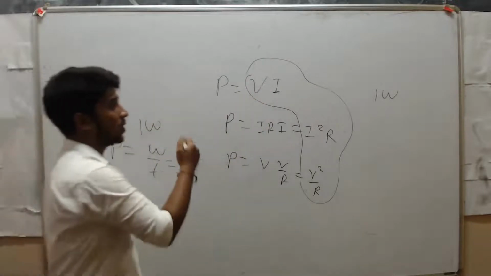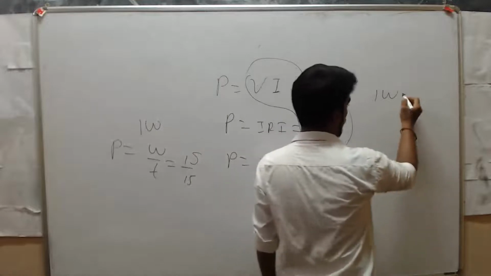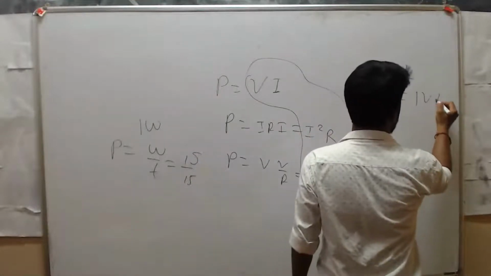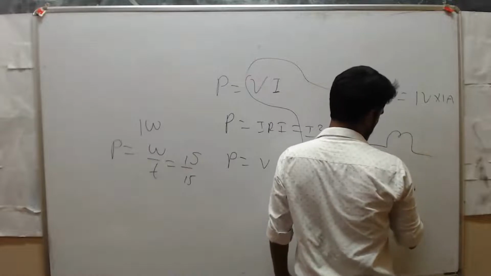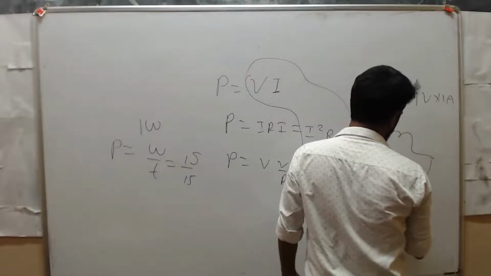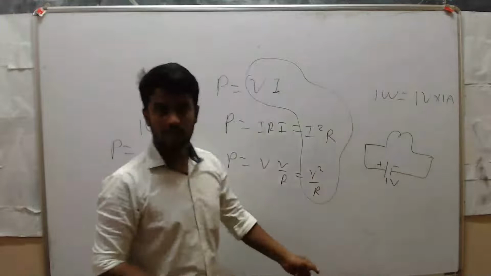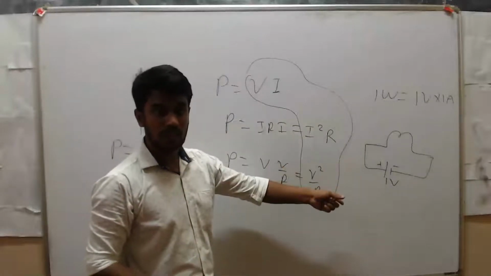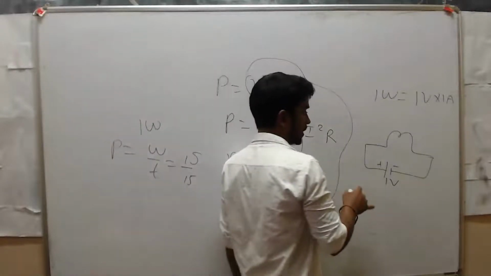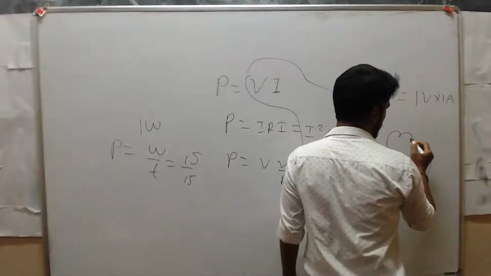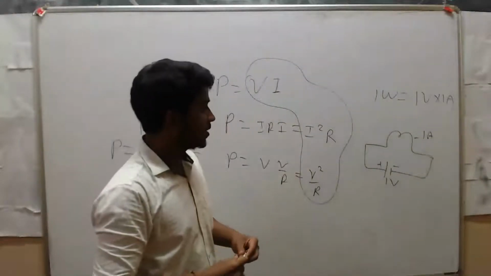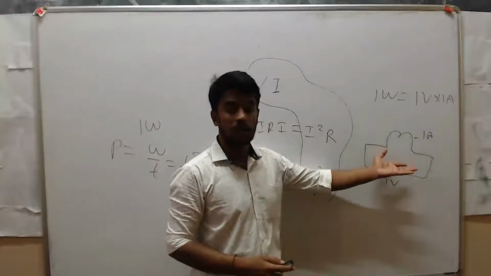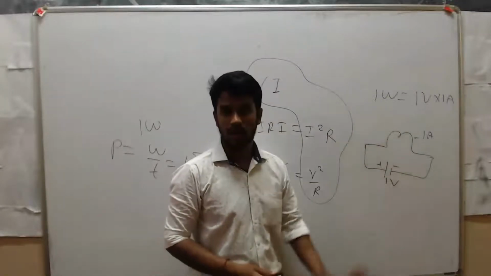Then the meaning of 1 watt is 1 volt into 1 ampere. If you pass 1 volt, then the current through this bulb is 1 ampere. So now we can say that the energy consumed by this bulb is 1 watt.